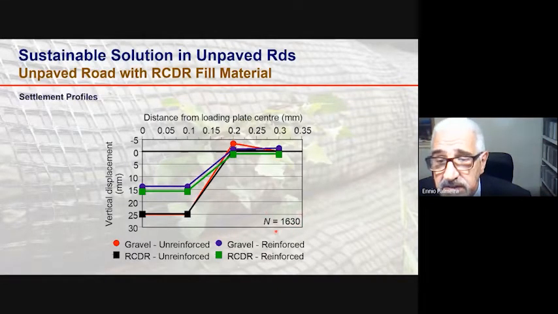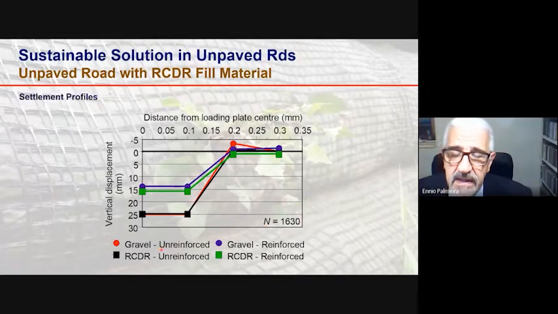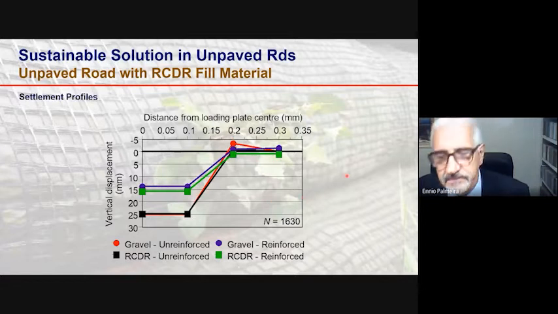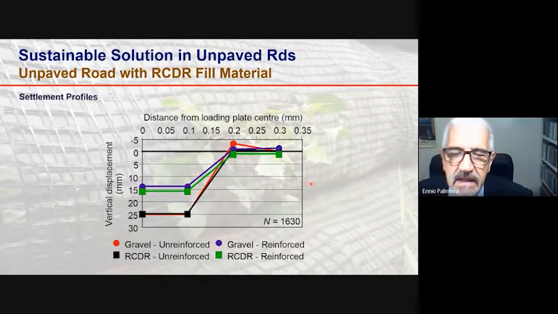So this is the number of load repetitions where the 25 millimeter vertical settlement at surface of the road was reached for the unreinforced section. So see the reduction in the surface settlements with the use of reinforcement, particularly in the case of the use of recycled construction demolition residues.